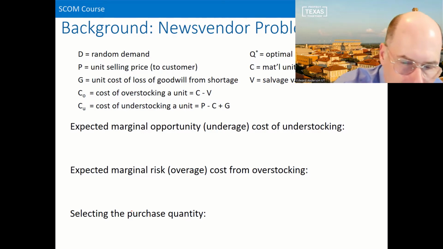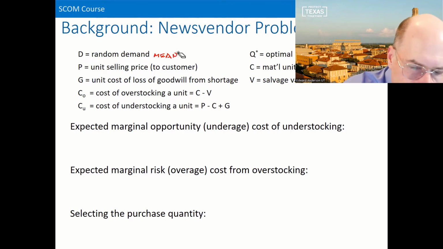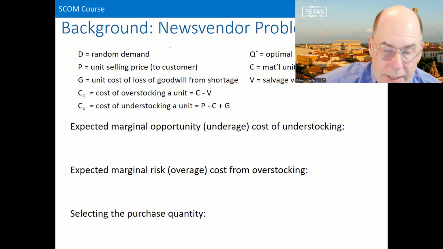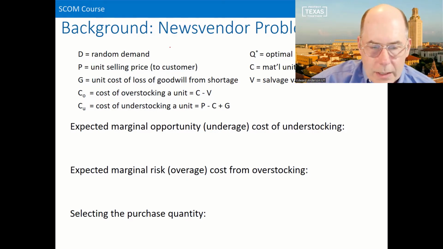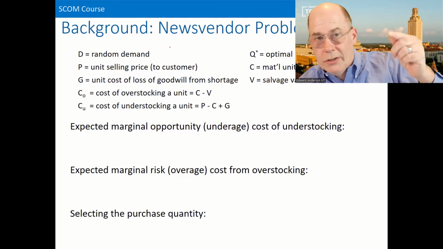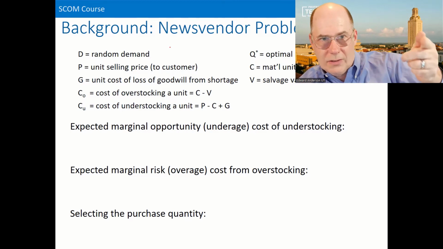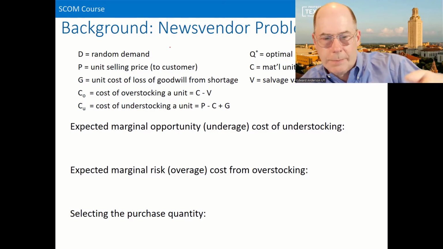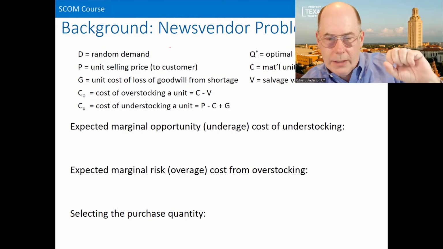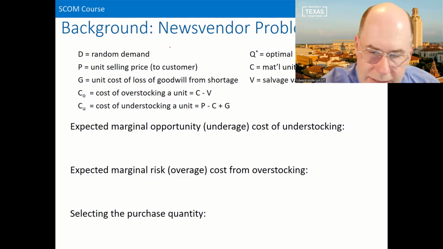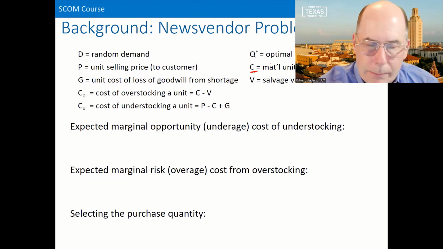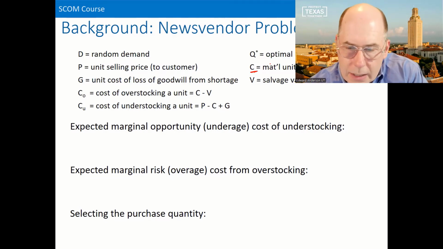We assume that there's a random demand, which we'll call D. There's a unit selling price to the customer. That is what we would charge a customer, like on those bathing suits, when somebody comes into our store. That's the price, or P. C is how much it costs us to buy that inventory initially.